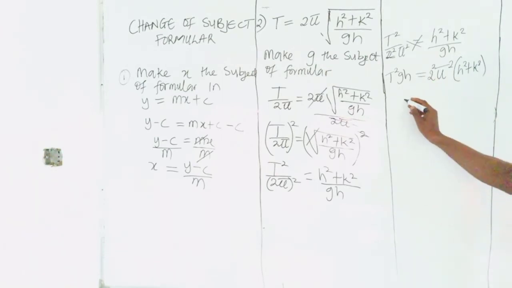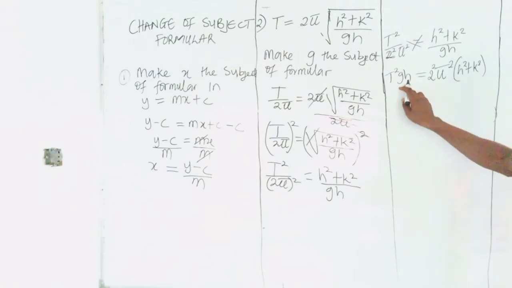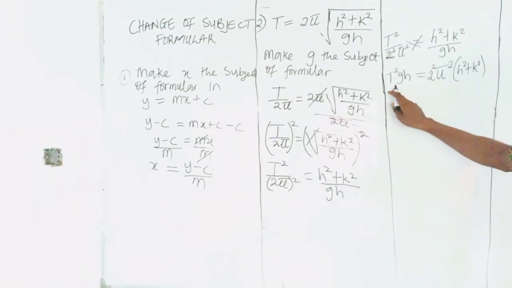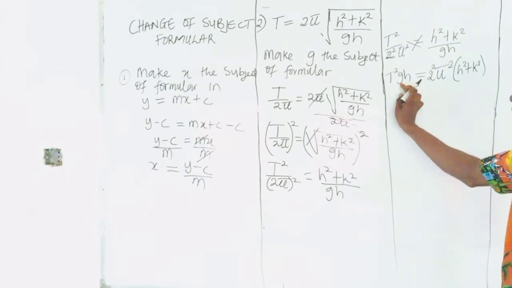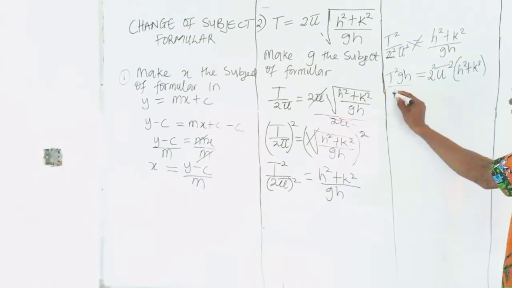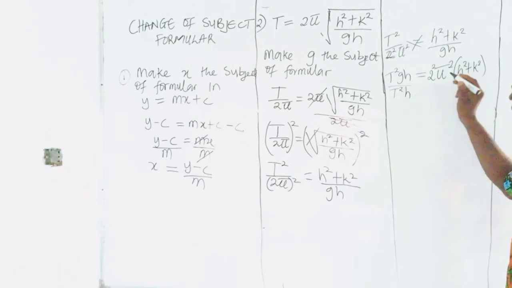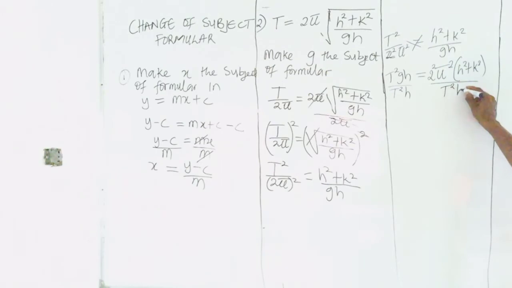If you observe this well, for me to make g the subject of the formula, I have to divide by the coefficient of g, which is t squared and h. Then I divide through by t squared h.